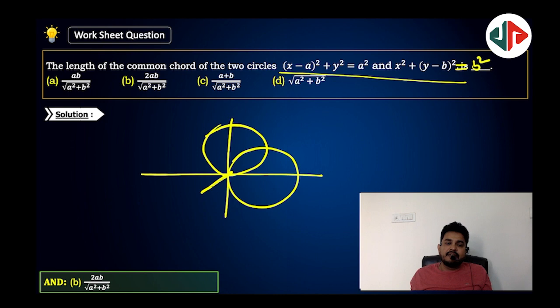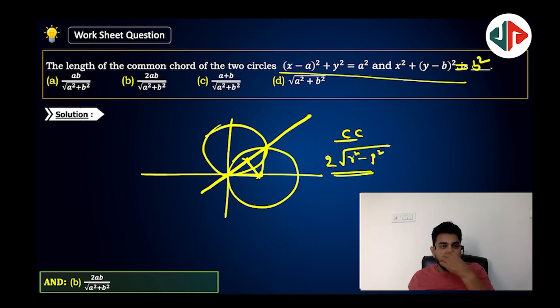So what is the length of the chord? First of all, you find the common chord from one of the circles. You can find the perpendicular distance, and 2 times root over r square minus p square is going to be the answer. But I suggest you to remember this one directly.